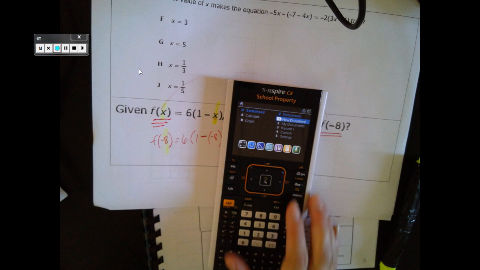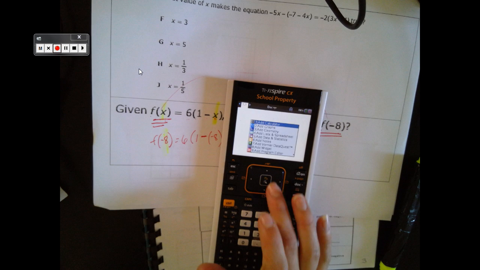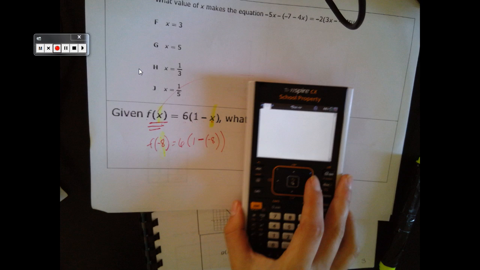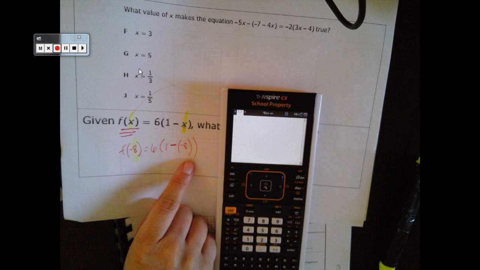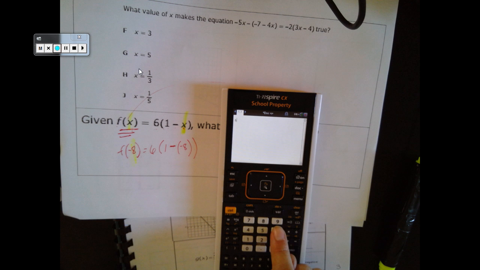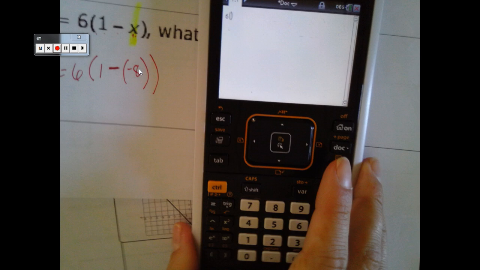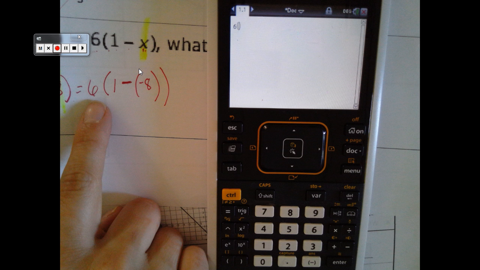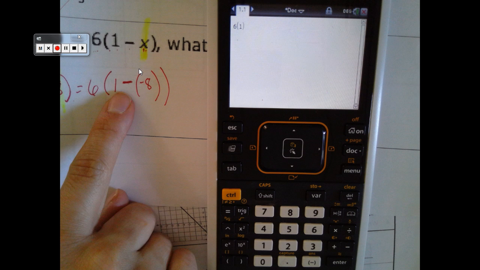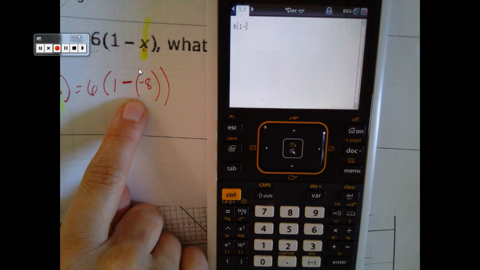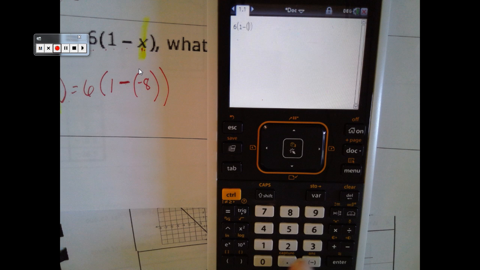New document, add a calculator. I'm going to type it in. Only this part though. So 6 parentheses, maybe too zoomed in, 1 minus parentheses, -8.